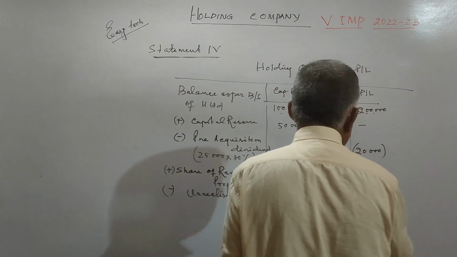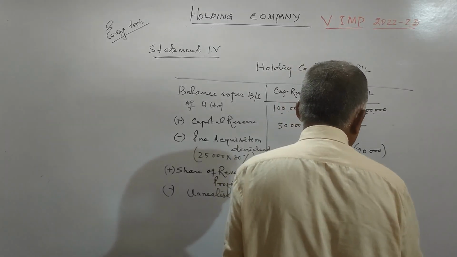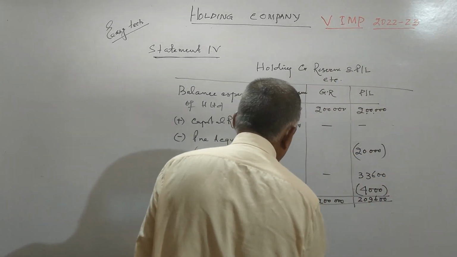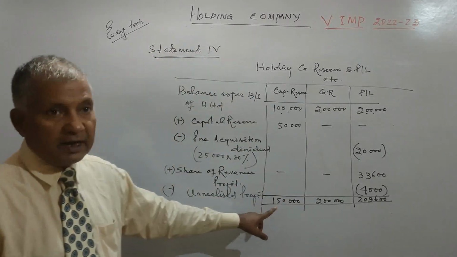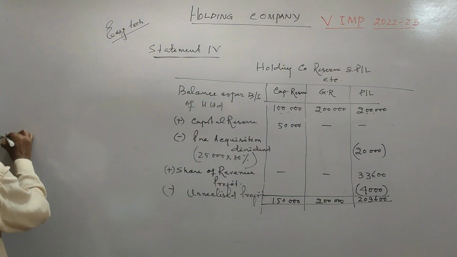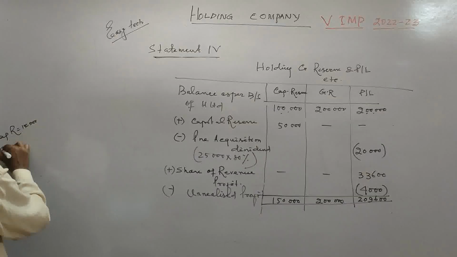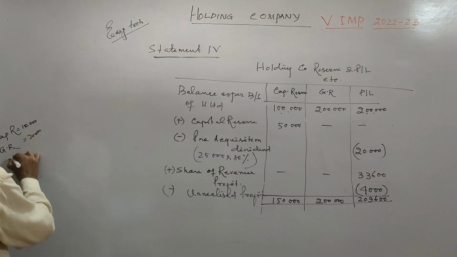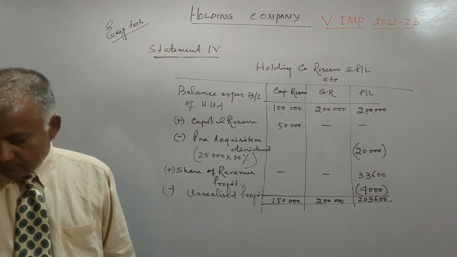This is 2,33,600 minus 24,000, 2,09,600. This will be the statement. All will go to the balance sheet. So in the balance sheet, capital reserve will be 1,50,000. General reserve is your 2 lakhs. And PL is also 2,09,600. Right?